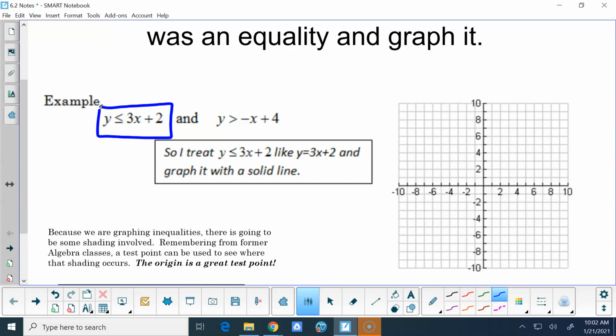And I'm going to graph that line, and I'm going to remember back to first semester when we were dealing with just singleton inequalities, that the greater than or equal to, less than or equal to are solid lines, and the greater than and the less than are dashed lines.